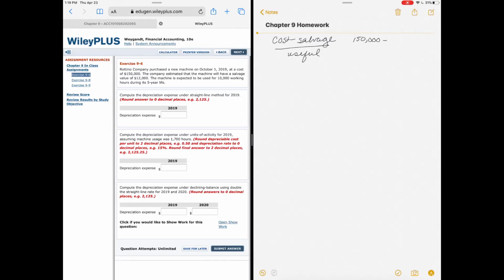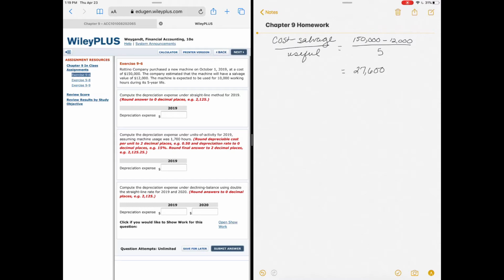We'll subtract that salvage value, which is $12,000. And we're going to divide by our useful life, which is 5 years. Now, if I do that math, I should come to $27,600 per year.